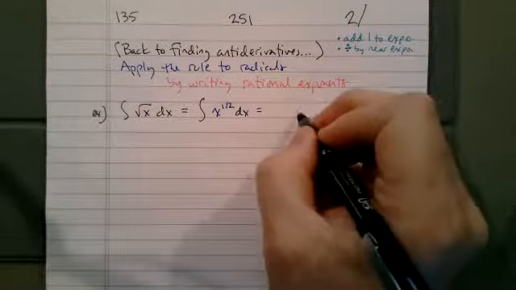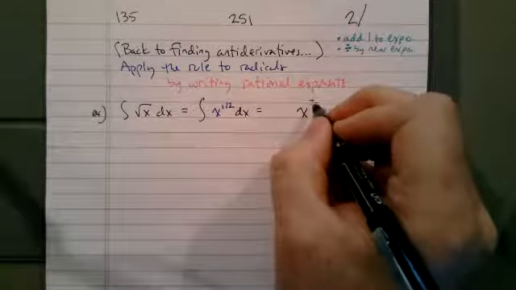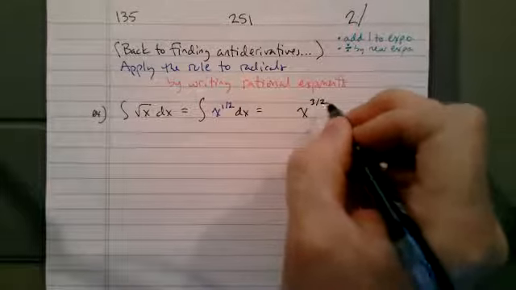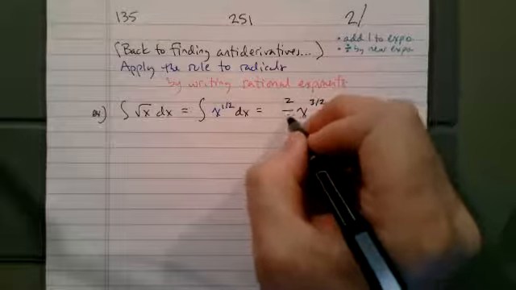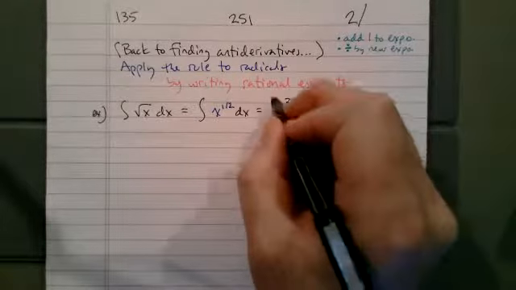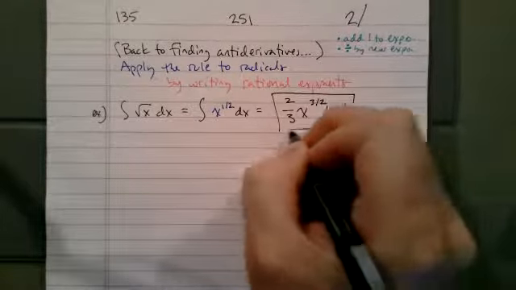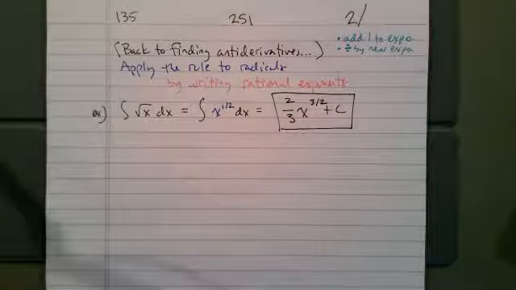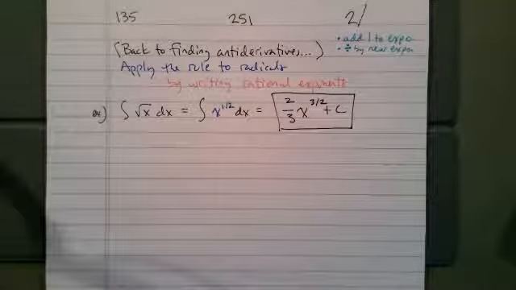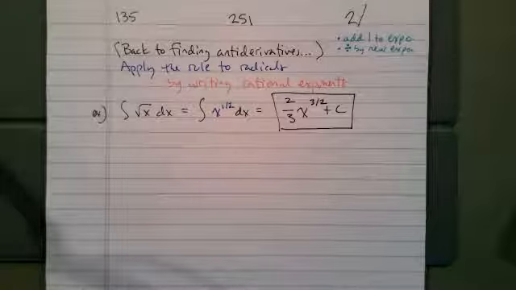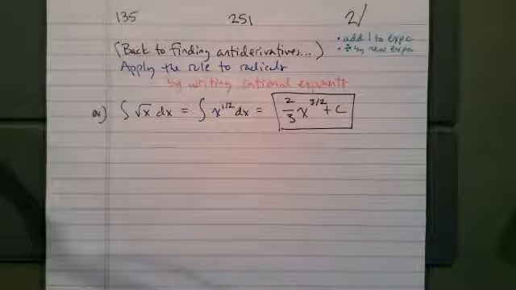So now we can write this as x to the 3/2 and then divide by 3/2, which makes 2/3. Plus c, of course, because we don't want to lose a billion points.